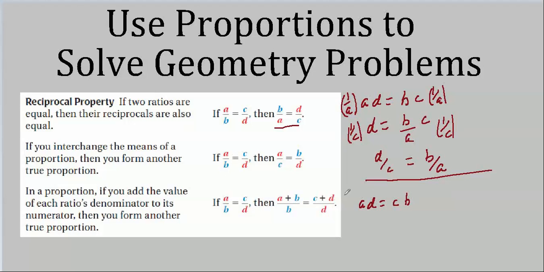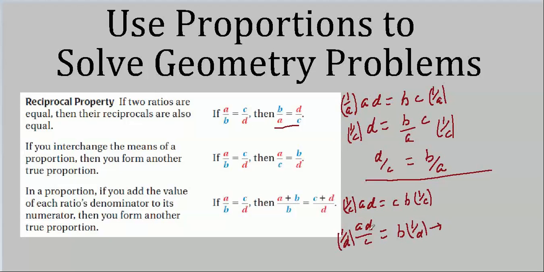Now, all we have to do, very similar to what we did before, multiply through by 1 over c on each side and get AD over c equals b. And now, I'm sure you've guessed what we're going to do. Multiply through by 1 over d on each side.